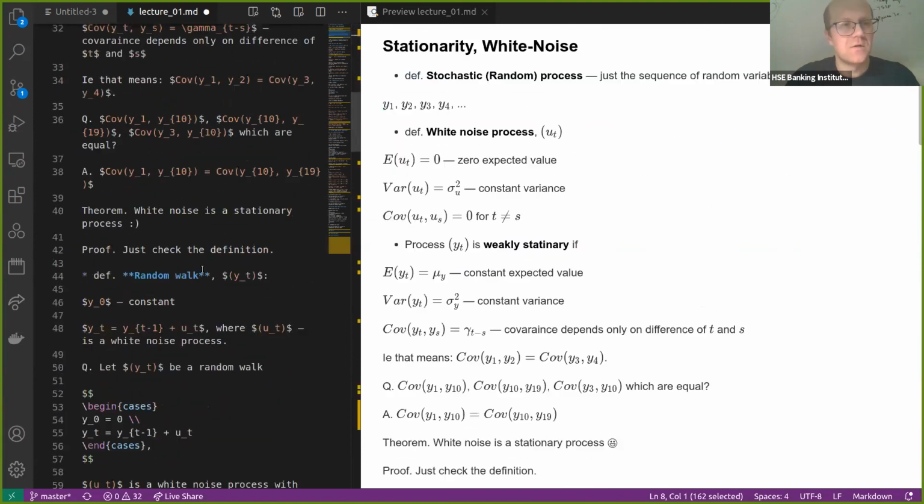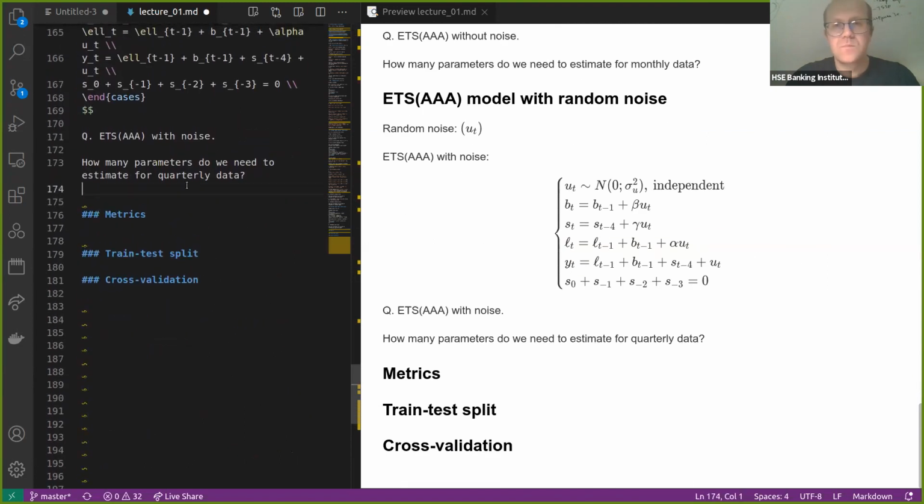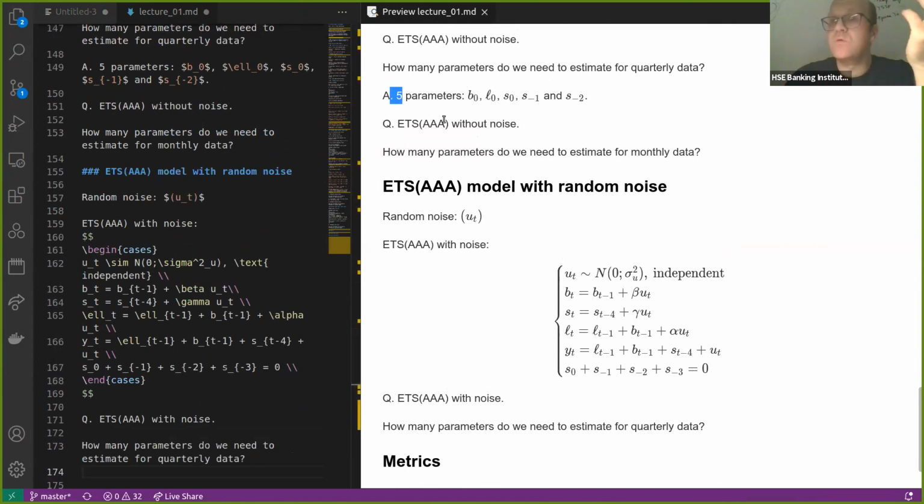Quarterly. How many parameters do we need? So we need 5 parameters without noise.